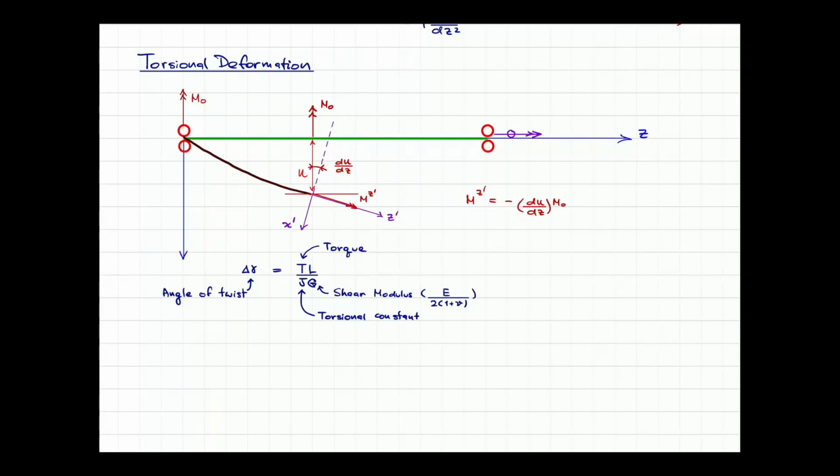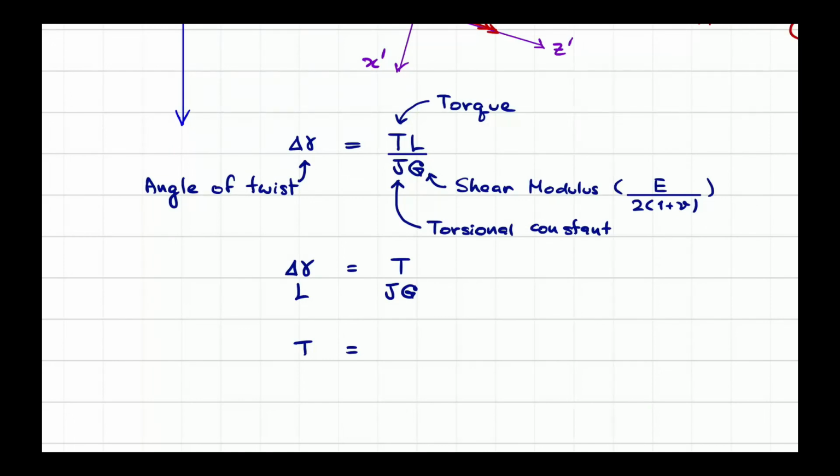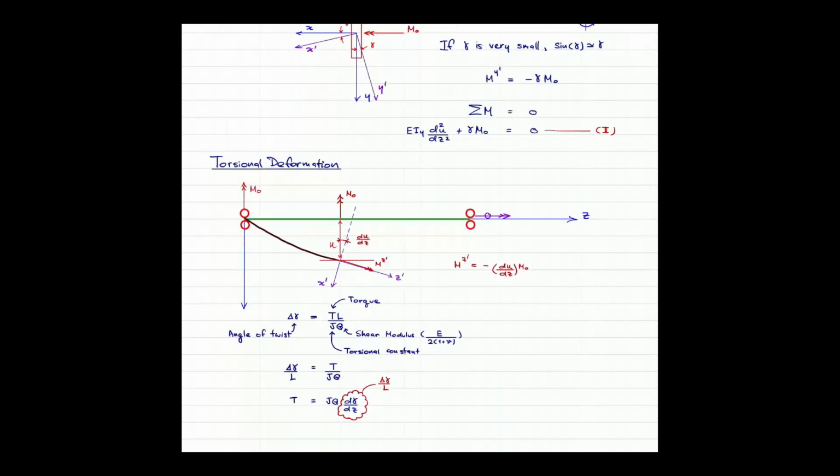So the total change of gamma divided by L is going to be T over JG, and the torque is then represented by the JG multiplied by the change of gamma with respect to Z. So the change of gamma with respect to Z is the more generalized form of the delta gamma over L.